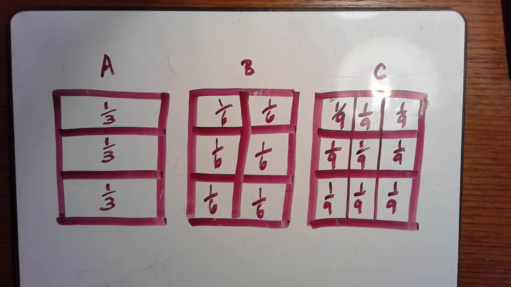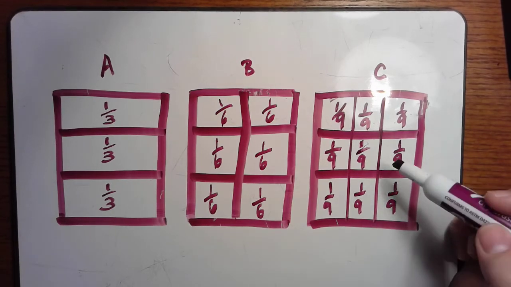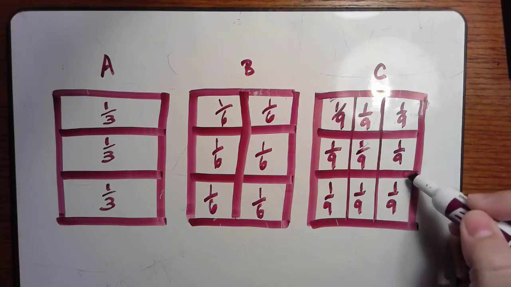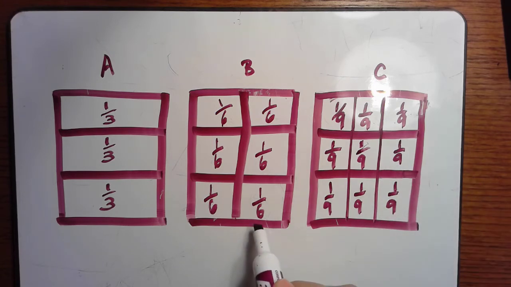So first, let's talk about what we've done here. They all started out as thirds. They all started like this, but then we cut them into different parts. The parts are different sizes. The size of one of my ninths is smaller than a sixth, and it's smaller than a third.